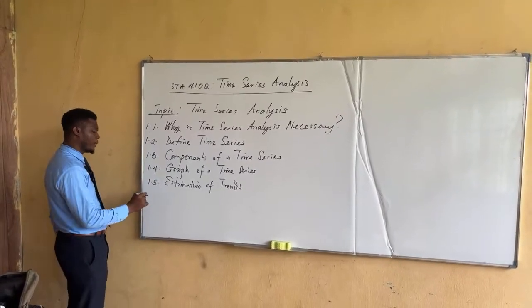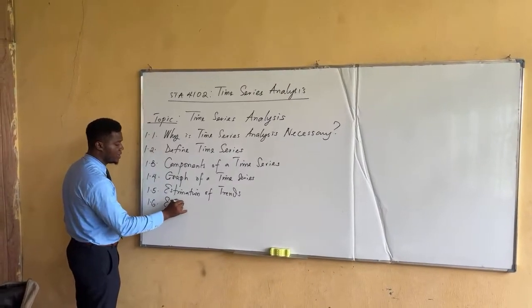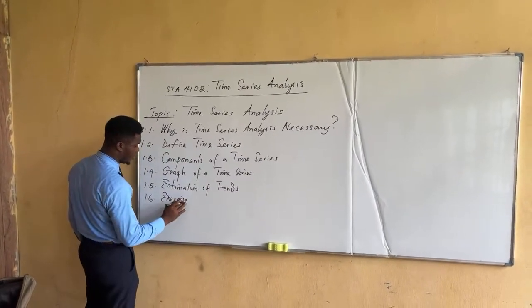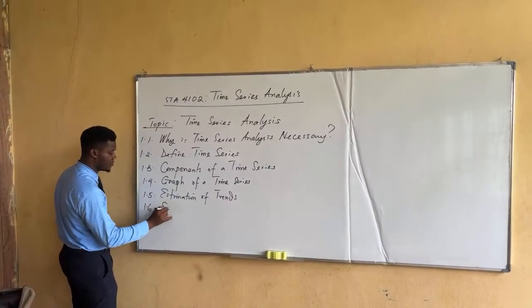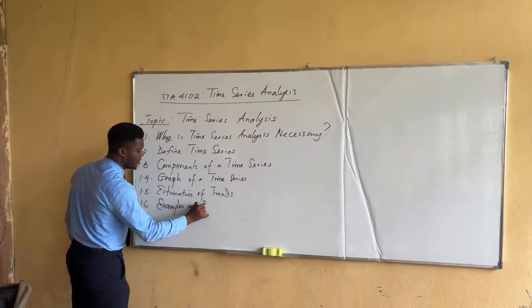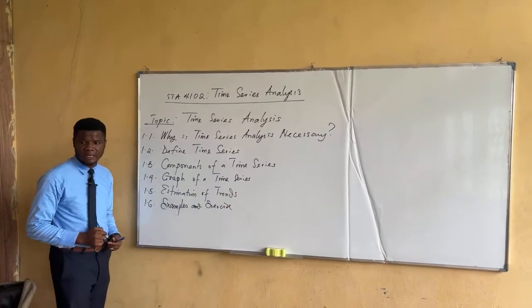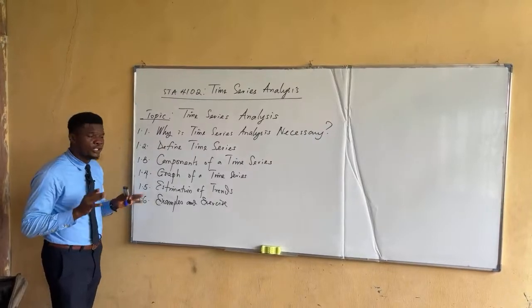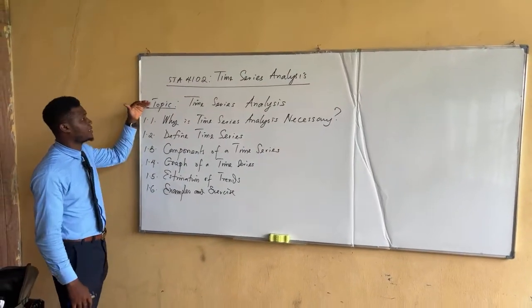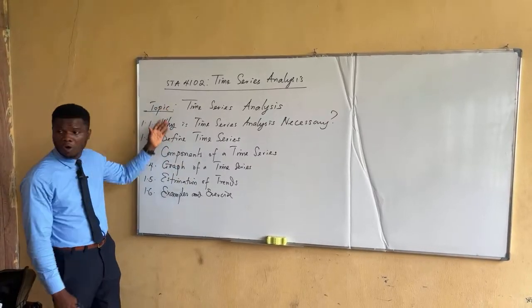I'm going to put a 1.6 for now, and the 1.6 will be exercises or examples. Is it clear? That's how I want us to progress. Now, in today's class, even as I've outlined all these, within 1 hour we may not be able to go through all of them.